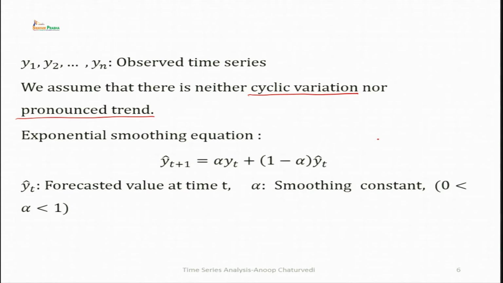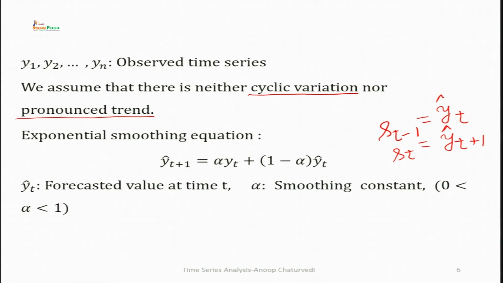So, in place of s_{t-1}, you have y hat t, and in place of s_t, you have y hat t+1. So, y hat t is the forecasted value at time t, alpha is the smoothing constant, and alpha lies between 0 and 1.